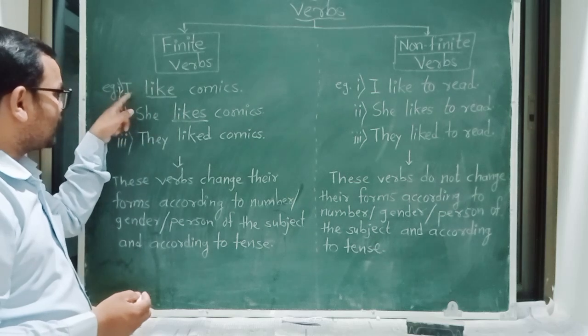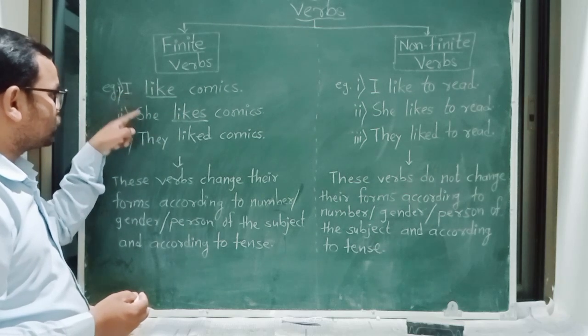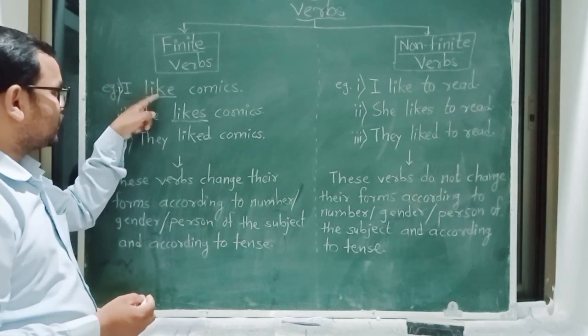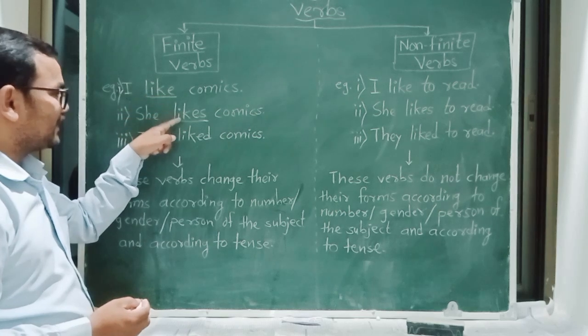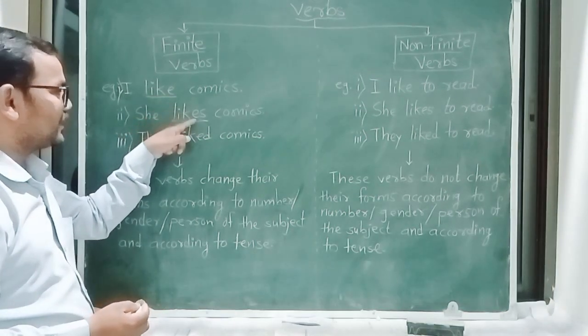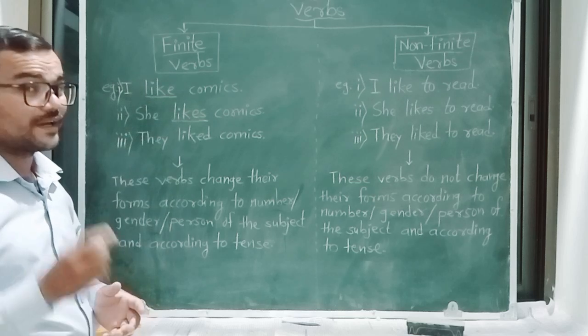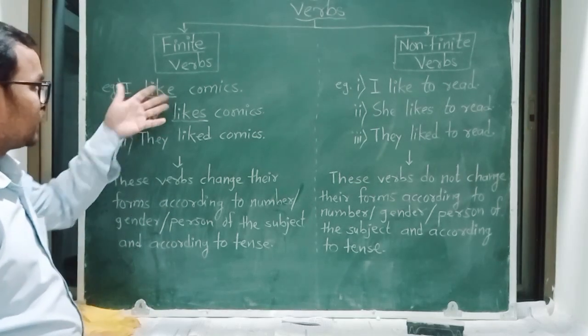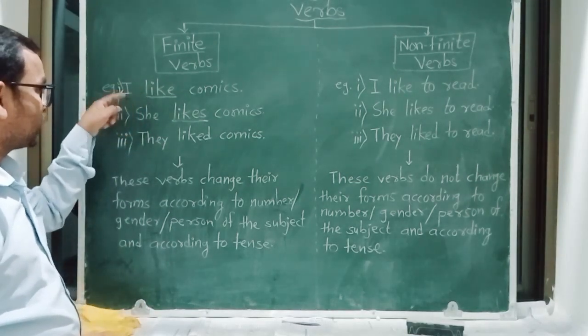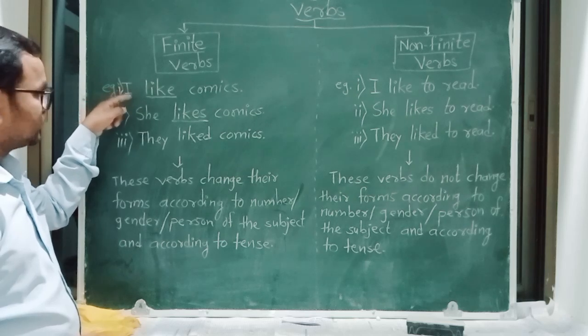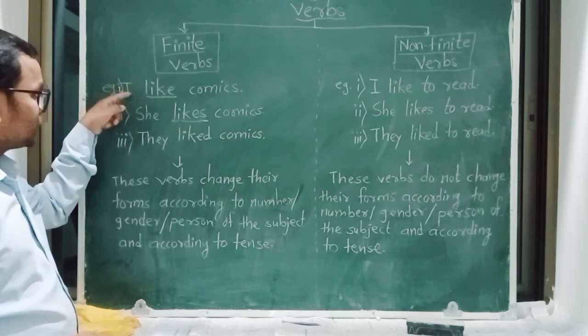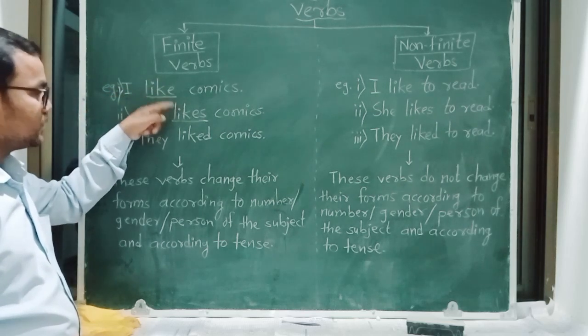As I change the subject from I to she, the form of the verb changes. Both are in present tense, but I changed the subject, so there is a change in the form of the verb.